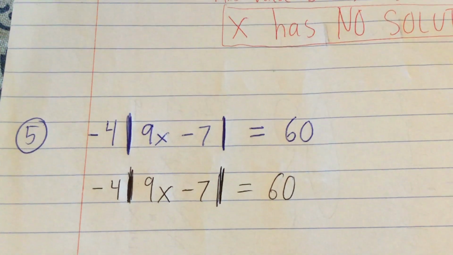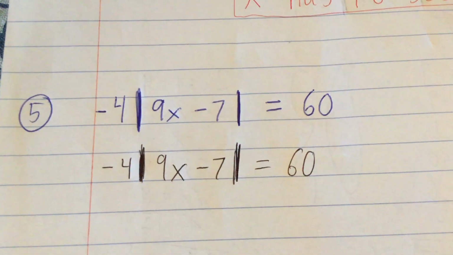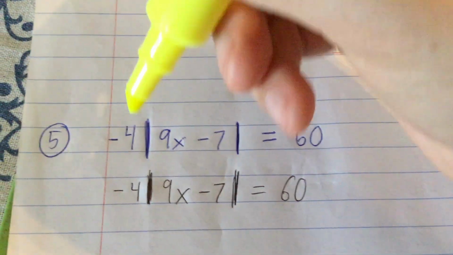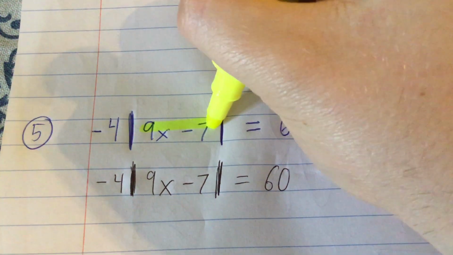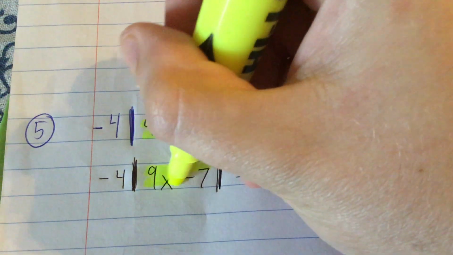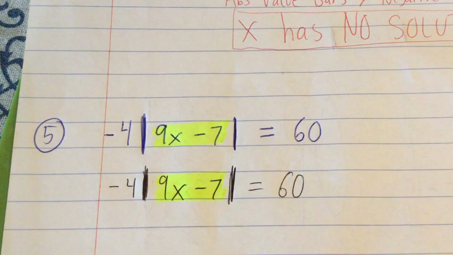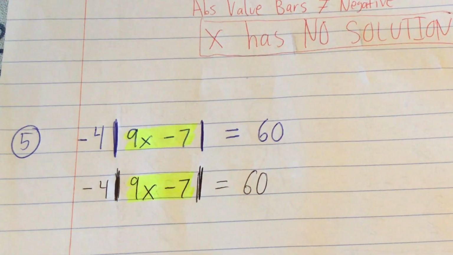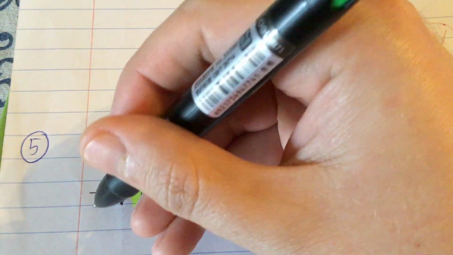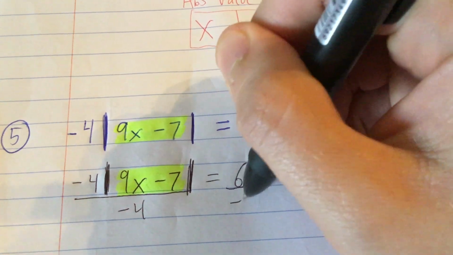Let's see what we can do for number 5. Once again, are the bars isolated? No. So I've got negative 4 times the absolute value of 9x minus 7. So my goal is to get the yellow isolated. Negative 4 yellow. How do I solve for yellow? I'm going to divide both sides of the equation by negative 4.